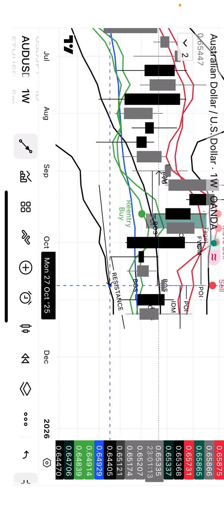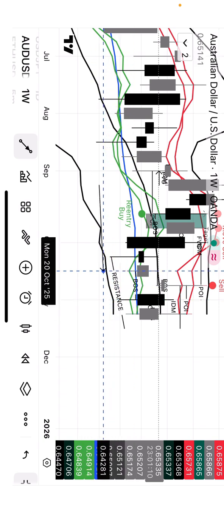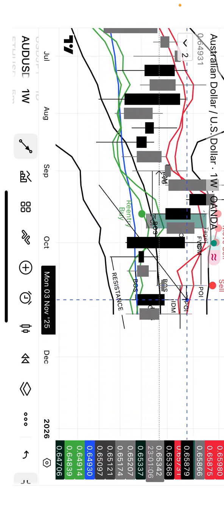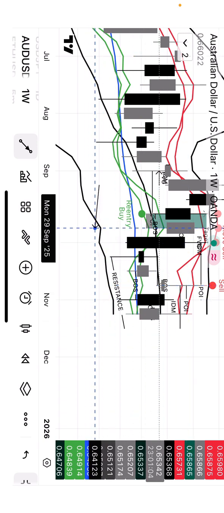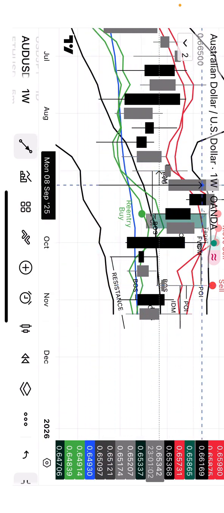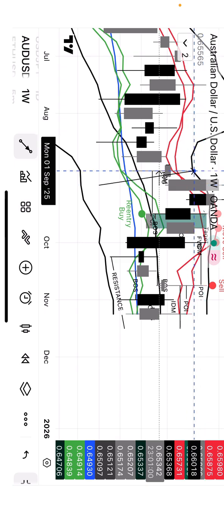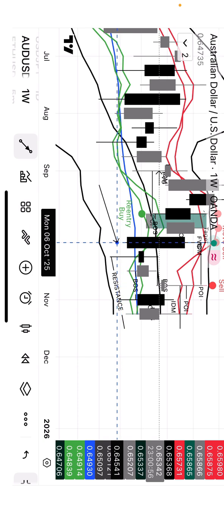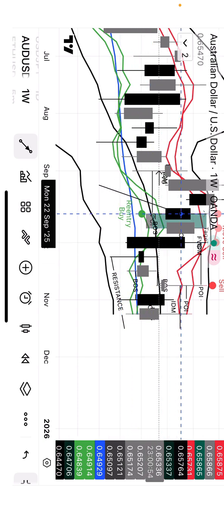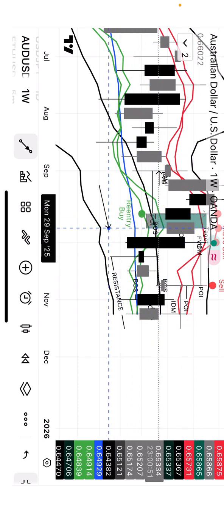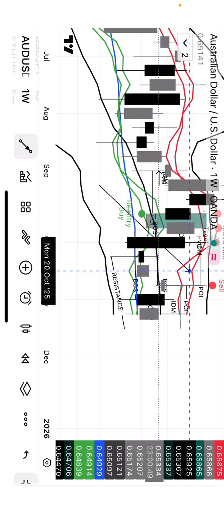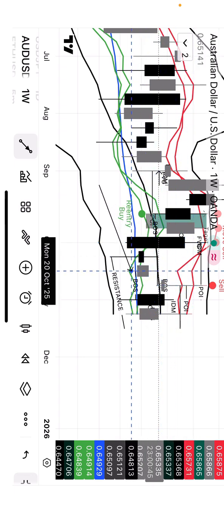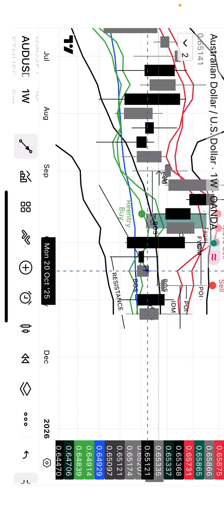And if the price still close below this low black line, price go retrace to the red line and sell. If price close above the black line, price go retrace to the green line, then buy. Just be like this one are your resistance, this one are your support. Or if you see this one are your supply, this one are your demand.